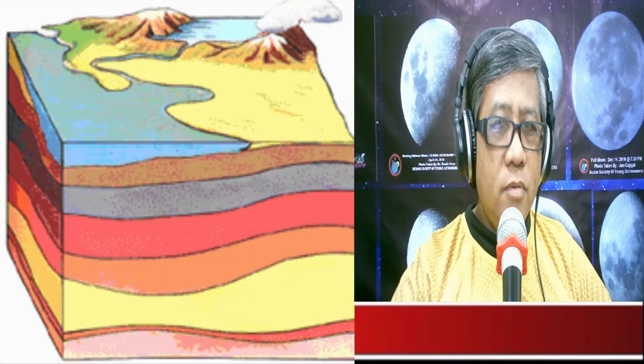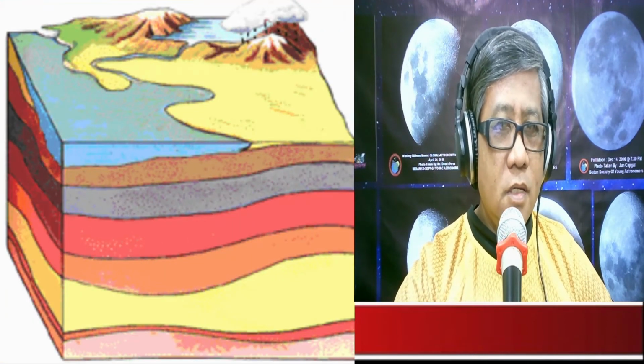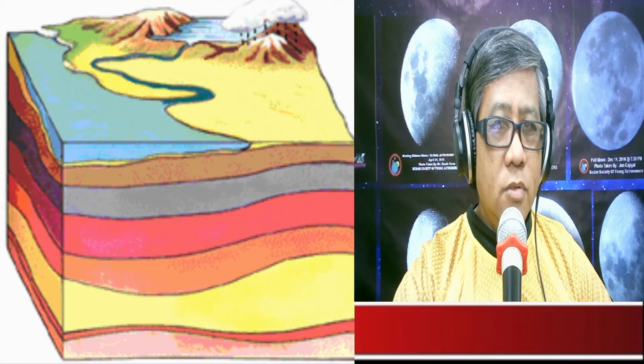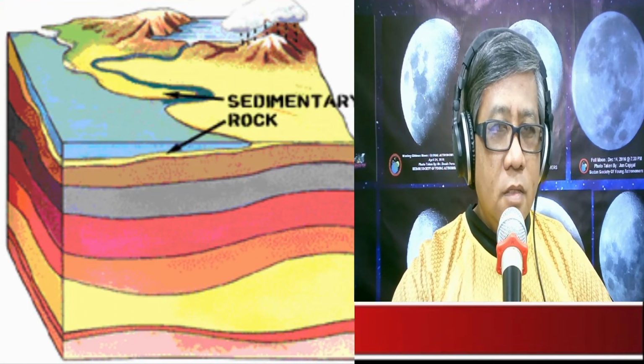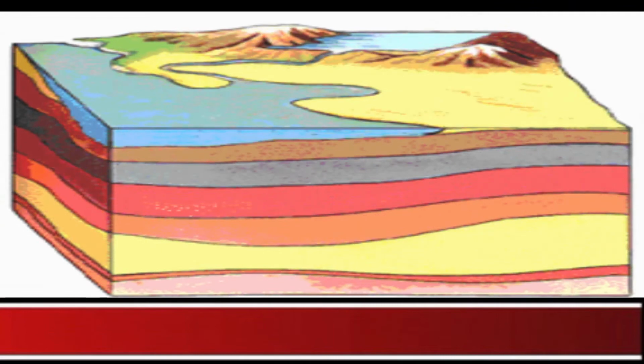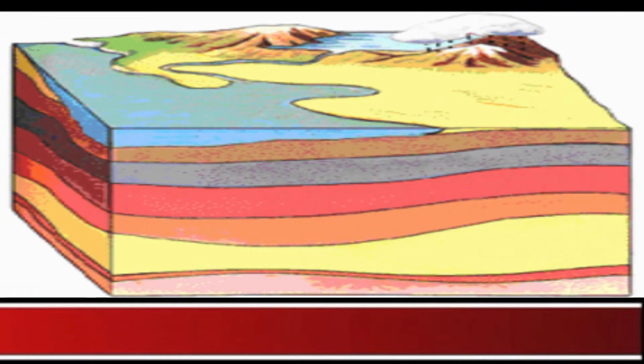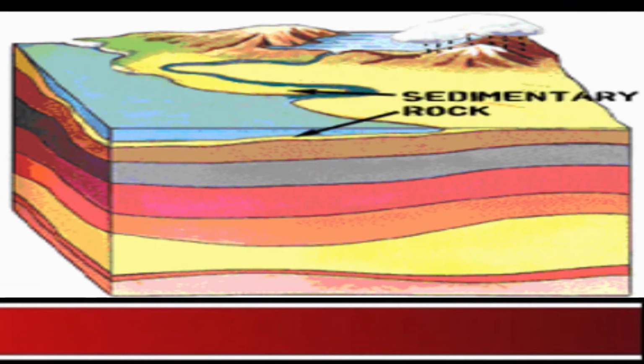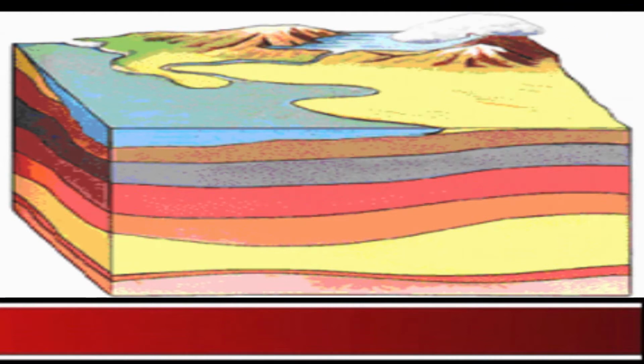So sedimentary rocks begin as sediments as a result of erosion. These sediments are carried by running water, wind, or ice, and they get deposited in layers in a body of water like a lake or a river.